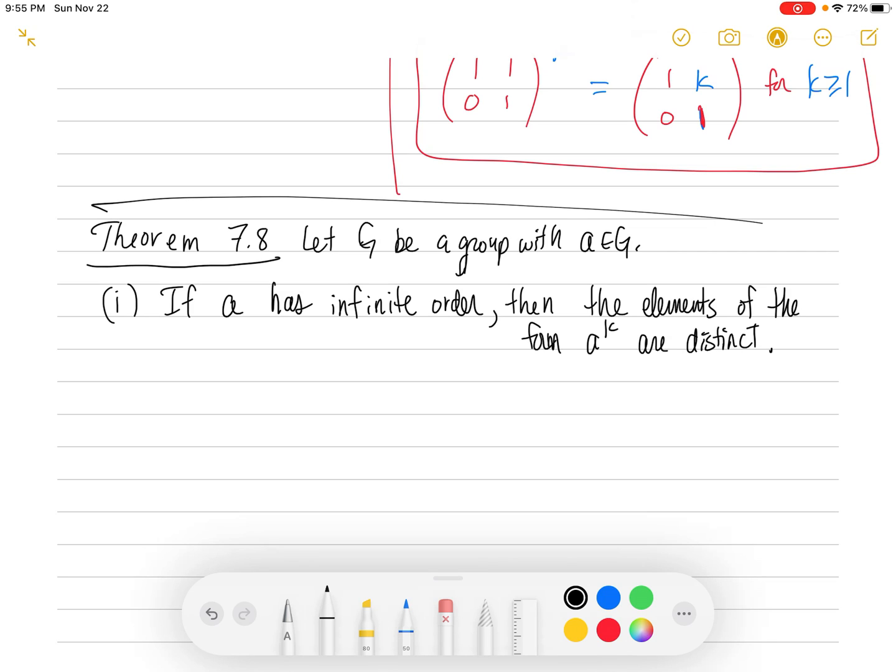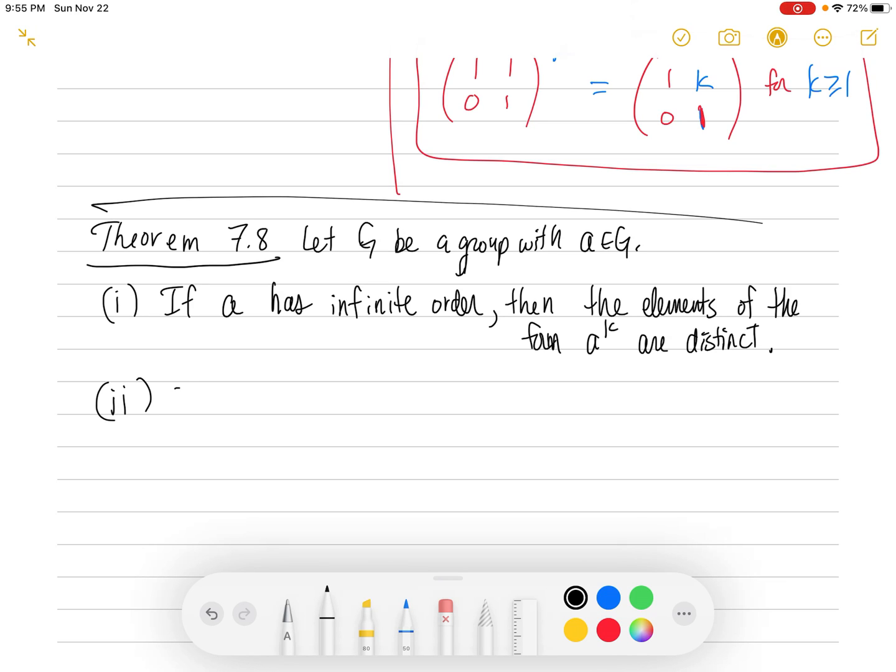So a to the 1 is going to be different from a to the 2, which is going to be different from a to the 3, a to the 4, a to the 5. So if you have an element of infinite order, all of those elements will be distinct. So no two elements will be equal. If I have a squared, there's nothing like a to the 299 it could ever be equal to.